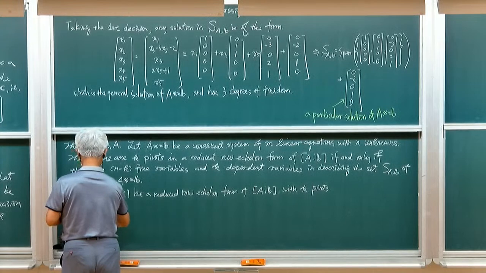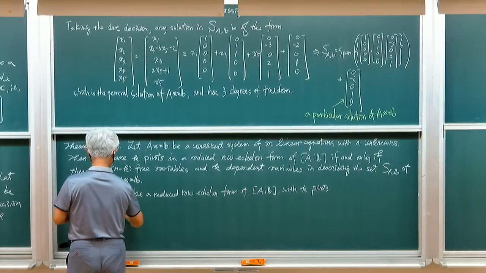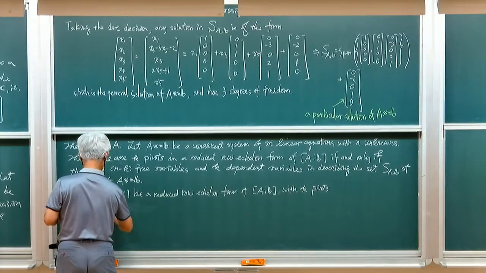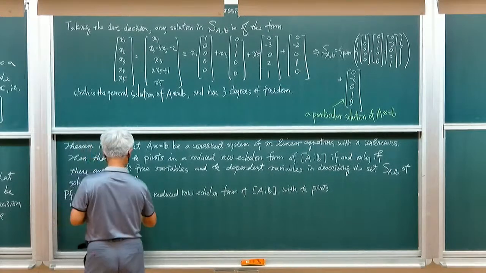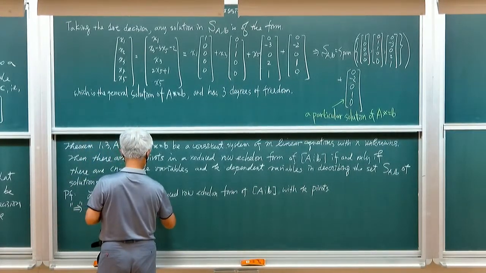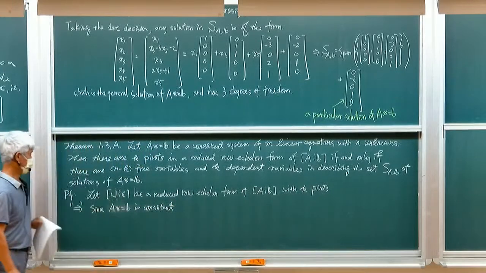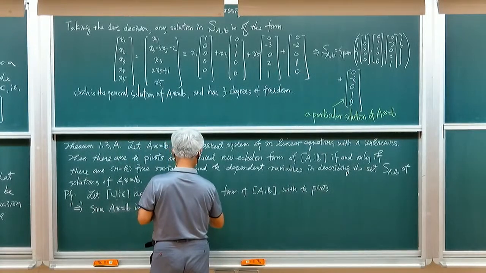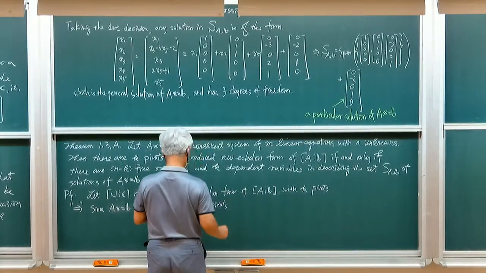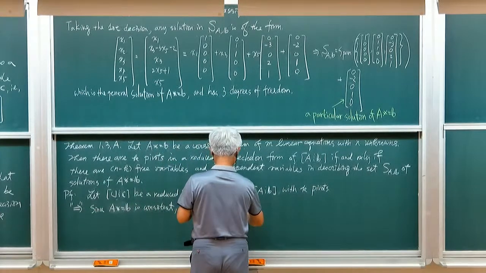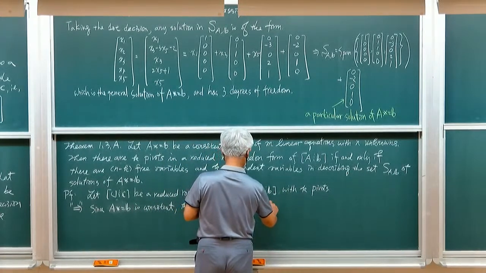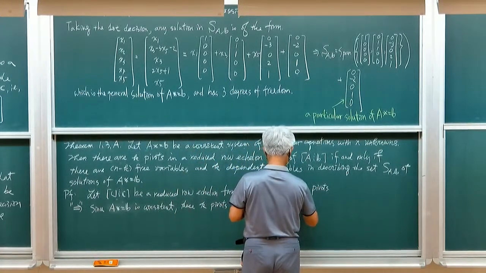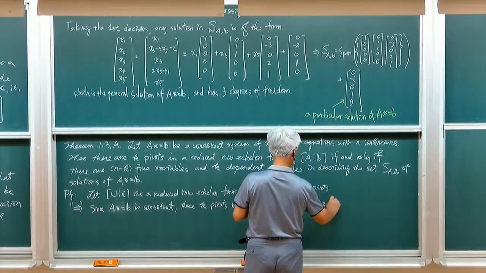Now, since the linear system Ax equal to b is consistent, these k pivots must be in U by theorem 1.2.5.